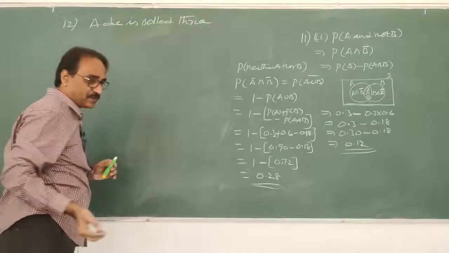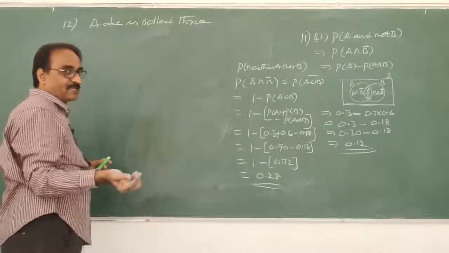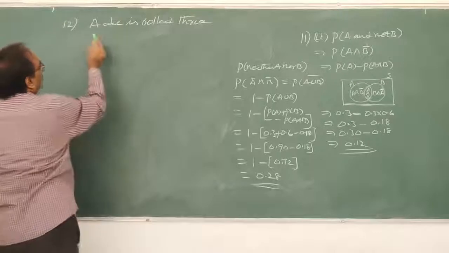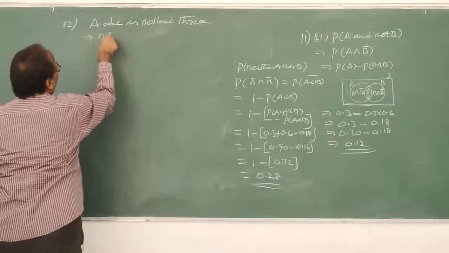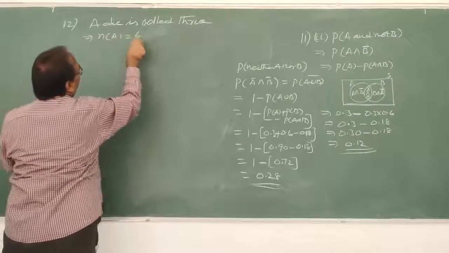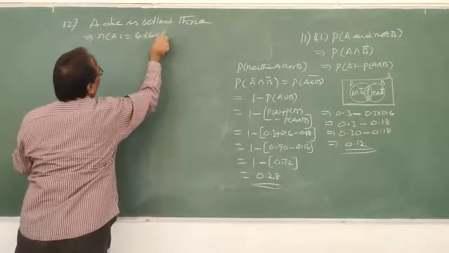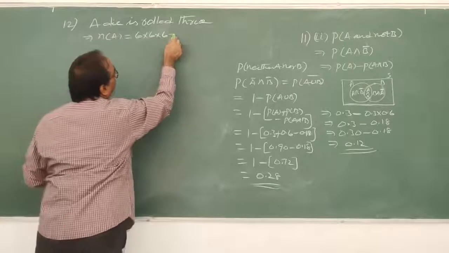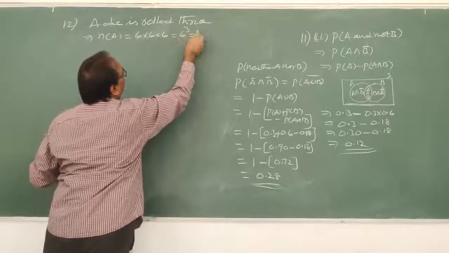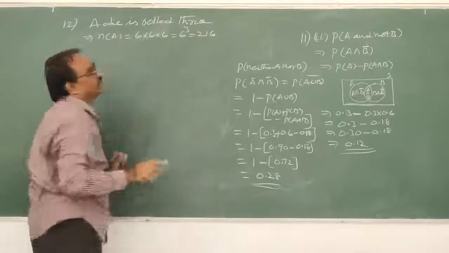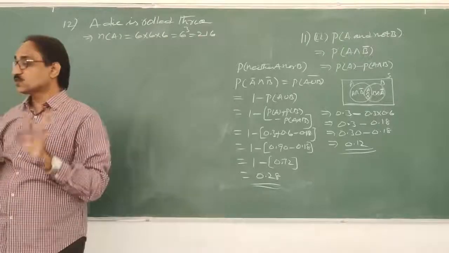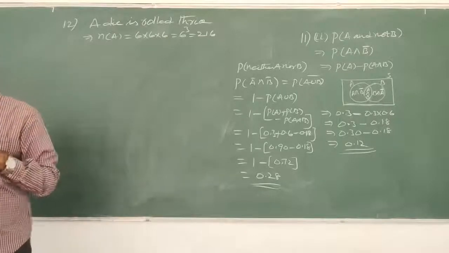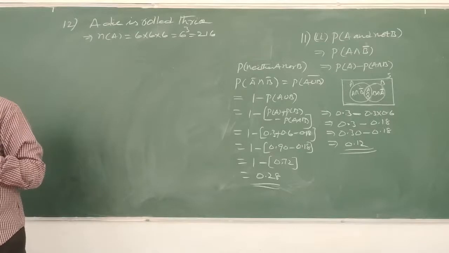One time if you roll a die, what are the sample points? 6. So this implies n of S is equal to 6 into 6 into 6. First time 6, second time 6, third time 6. This is nothing but 6 cube, which is 216. So when a die is rolled thrice, the number of sample points is 216.